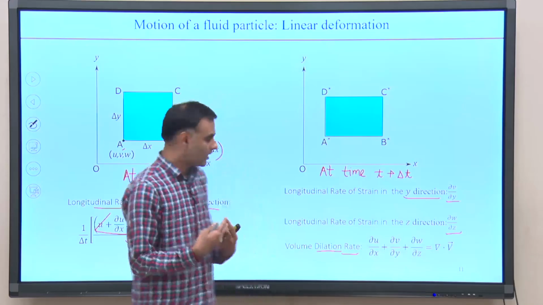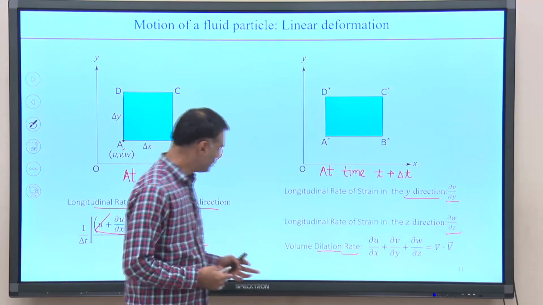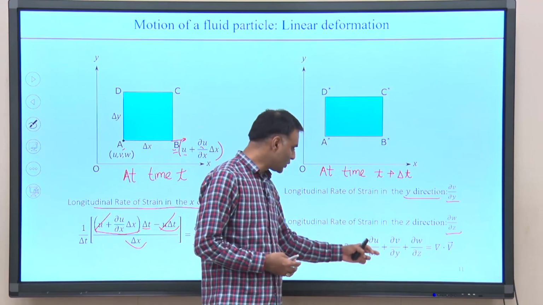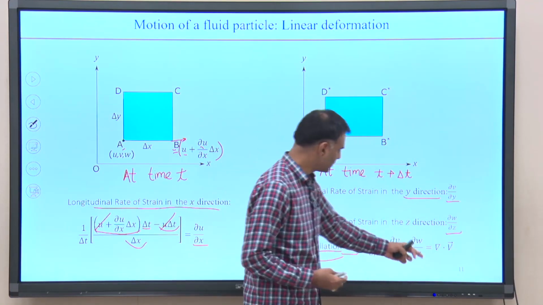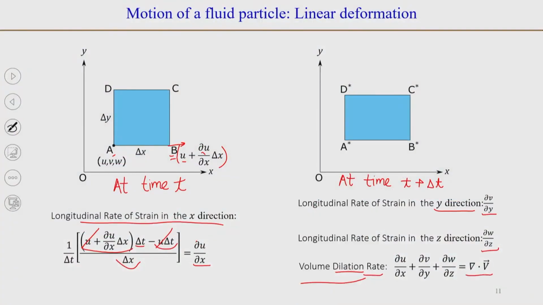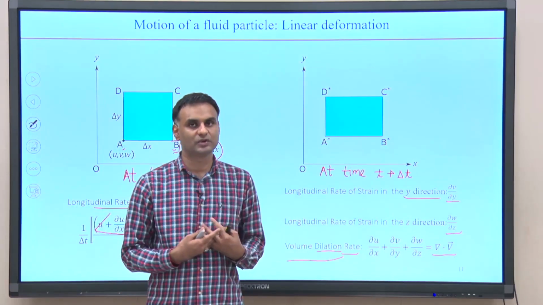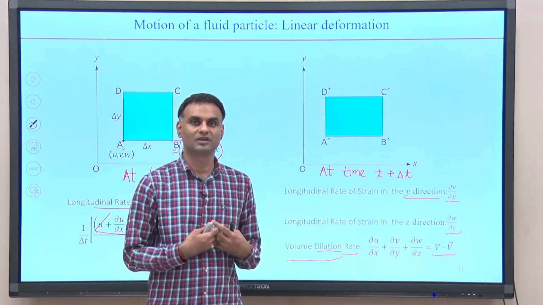That will be the dilation in time delta t, or if we write it in terms of rate, then the volume dilation rate will be dou u by dou x plus dou v by dou y plus dou w by dou z. If we look at this equation closely, we can identify that this is nothing but the dot product of the operator del and v. So, del dot v is the volume dilation rate, and as we will see when we study the continuity equation, del dot v equal to 0 is the condition for the flow to be incompressible.